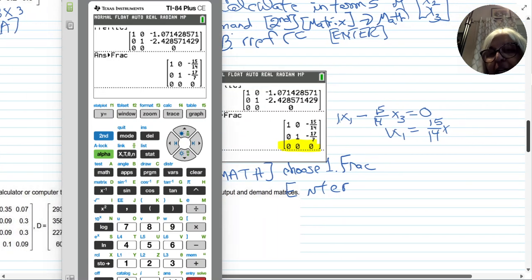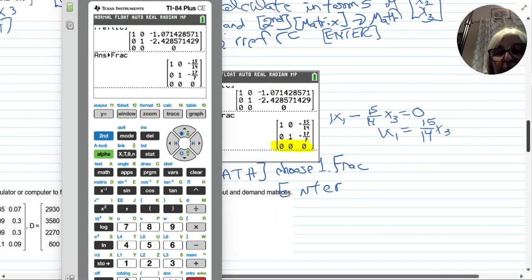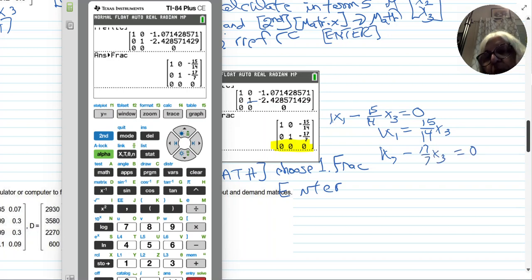All right, so that takes care of one of them. Then I have on the next line 1 x of 2, and that's this guy right here, minus the 17/7 x of 3 equals 0. So I'm going to move it over. So x of 2 is 17/7 x of 3. All right. So our solutions are many.